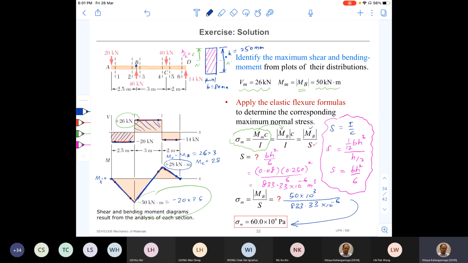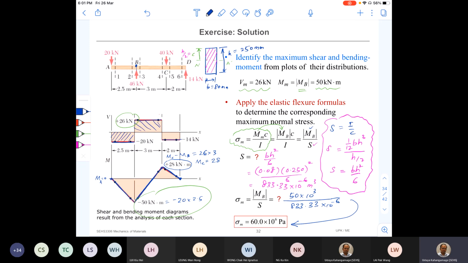Knowing this stress, if you want to design this member, what we have to do is know the material properties of this timber. We need to make sure that the allowable stress of the timber is greater than or equal to this maximum stress that we calculated. Then this beam will not fail.